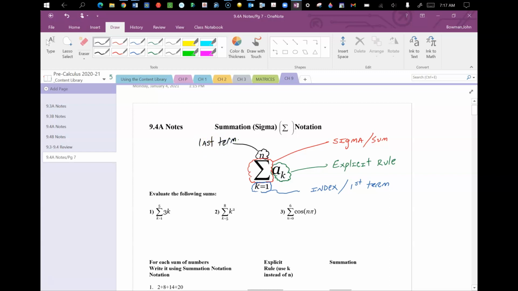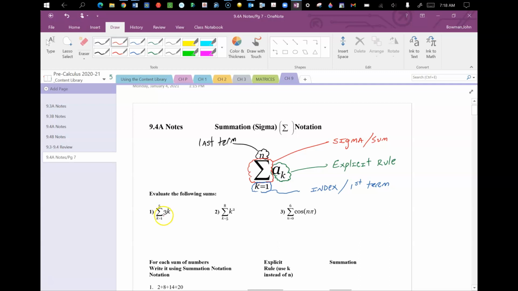So let's take a look at a few examples and write out the series. In other words, convert from sigma notation to just plain written out notation. In this first example, we are taking the explicit rule 3 times the value of k, starting with the first term and ending with the fifth term, and we are adding them all up.